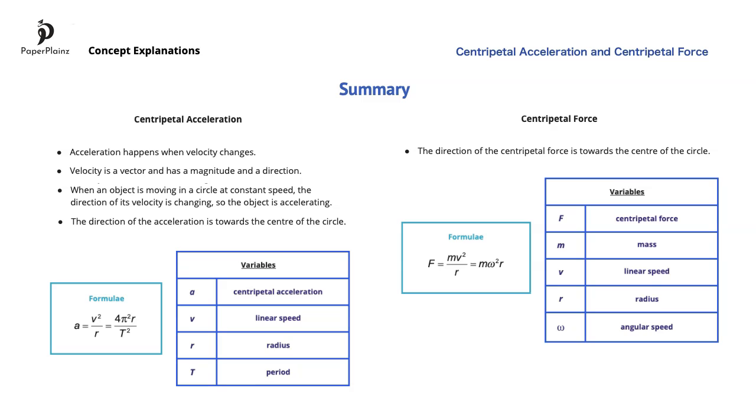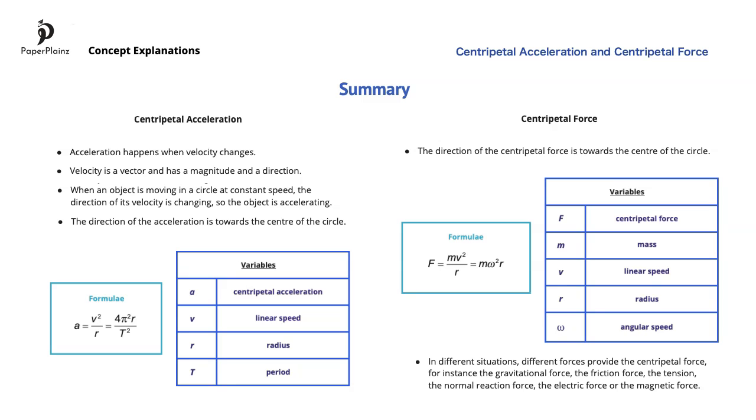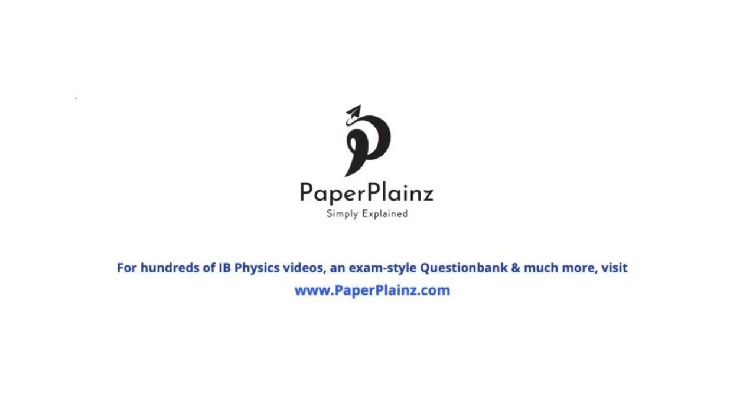Finally, we saw 6 real-life examples of circular motion and concluded that in different situations, different forces provide the centripetal force. Examples of such forces are the gravitational force, the friction force, the tension, the normal reaction force, the electric force, or the magnetic force. This completes our discussion of centripetal acceleration and centripetal force. In the next video, we'll explore motion in a vertical circle.